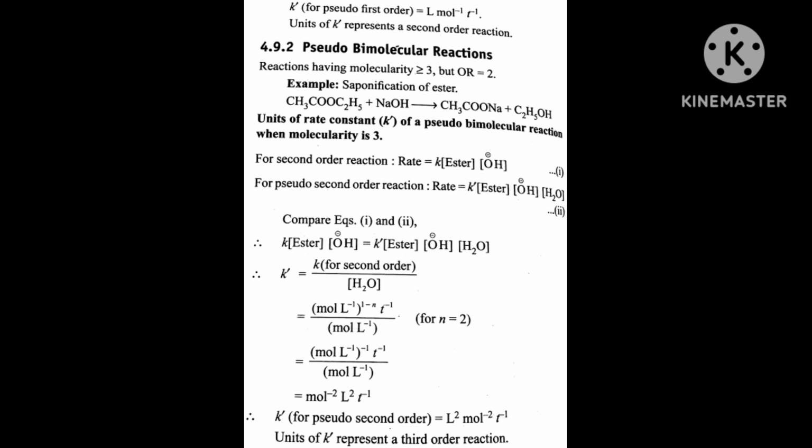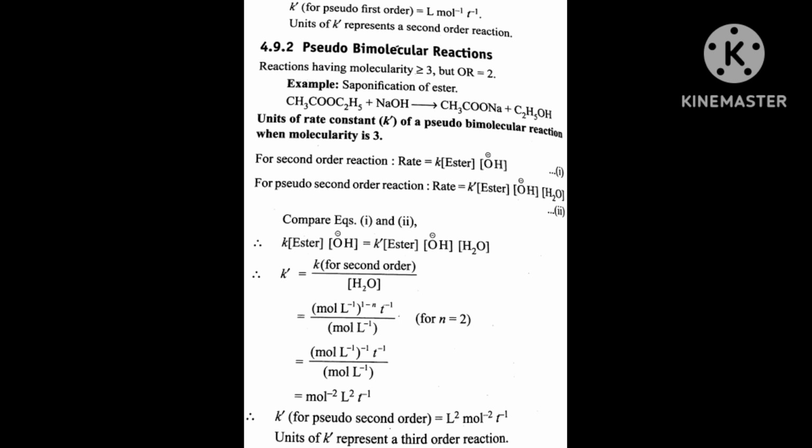For a pseudo first order reaction, the reaction should be first order with respect to the ester when H2O is constant. The rate constant K for a pseudo unimolecular reaction uses the same expression as first order.